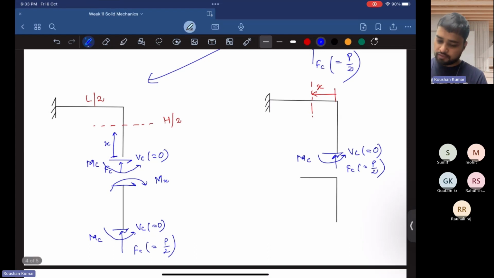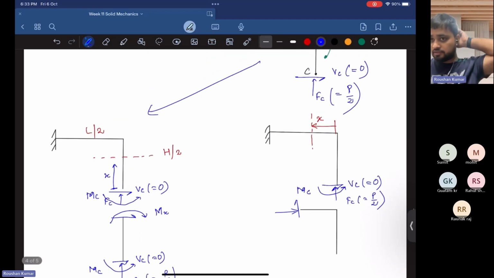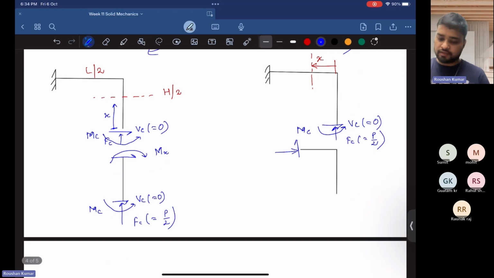Here we are assuming there is a shear force acting, and a reaction force because it is a fixed support. There is also a moment applied here, that is mx.